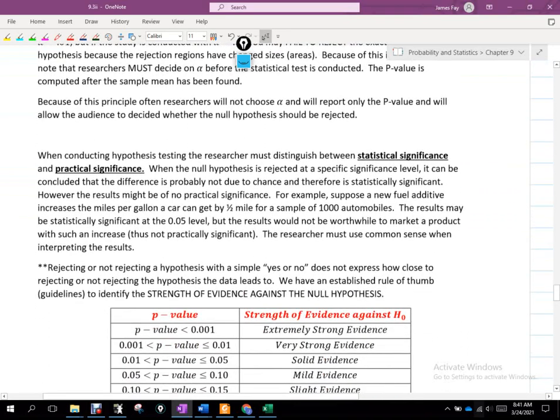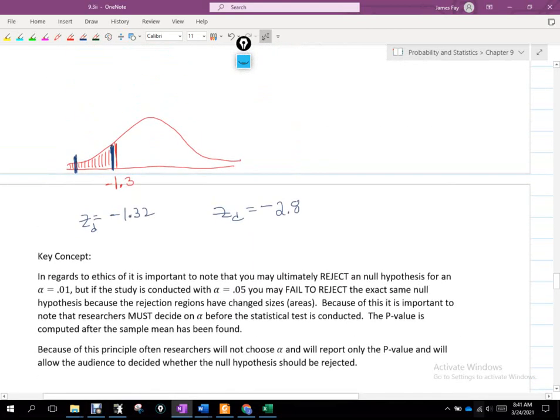It says, when conducting hypothesis testing, the researcher must distinguish between statistical significance and practical significance. Statistical significance says in both those situations, we're going to reject. But practical significance is the idea that, if I reject here, we do reject, but let's say, we were talking about that question yesterday, I talked about buses stopping.